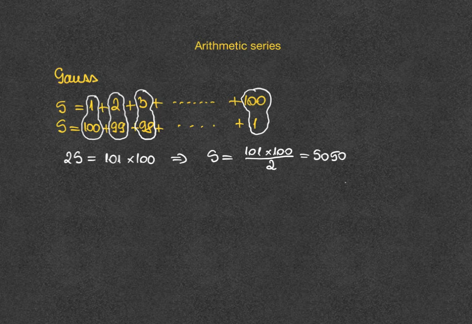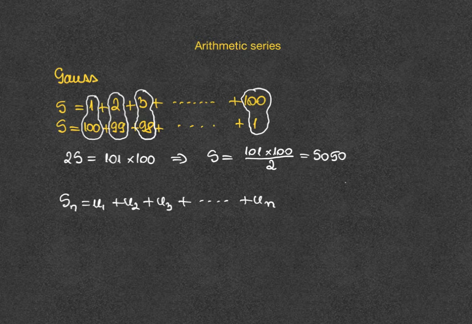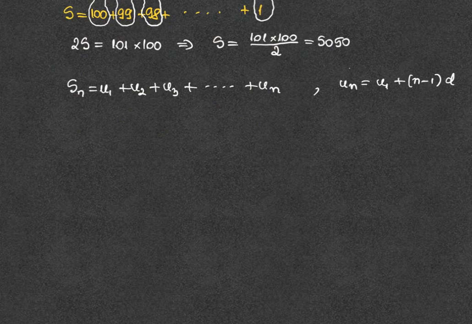Let's assume I want to find Sn, which is u1 plus u2 plus u3 plus un, where un is u1 plus n minus 1 d. Let me rewrite this sum in the following way.